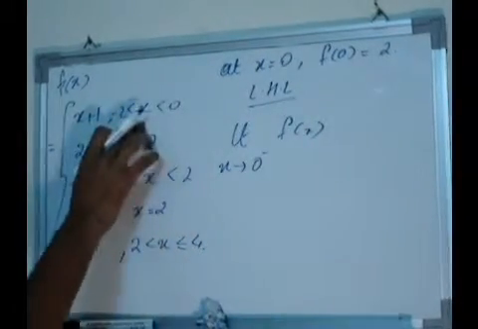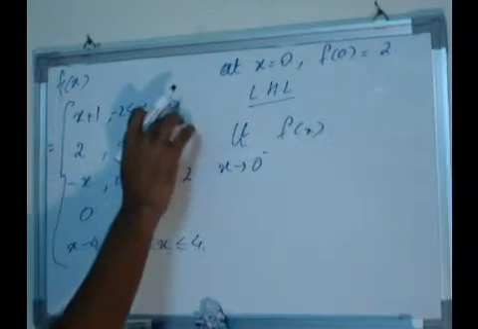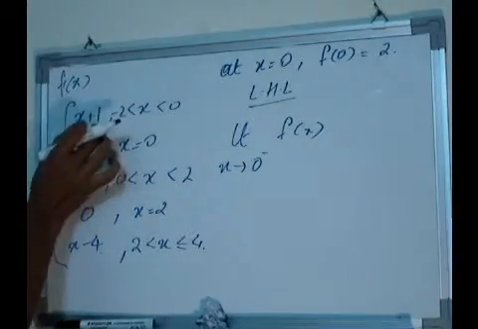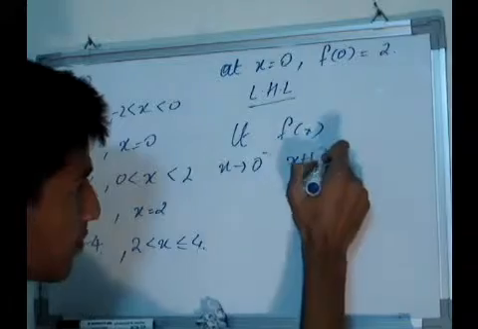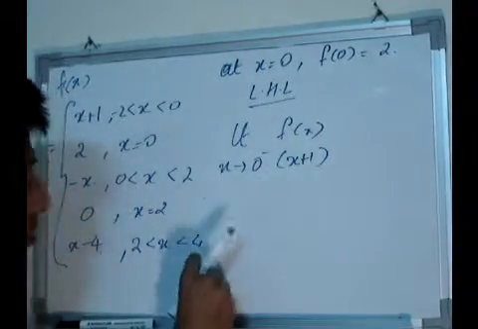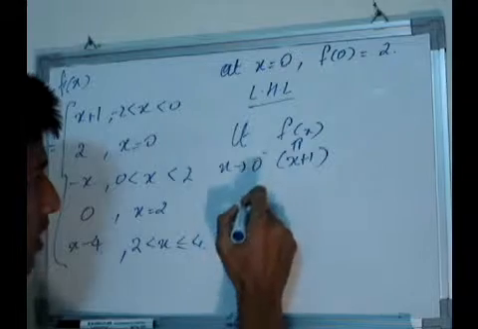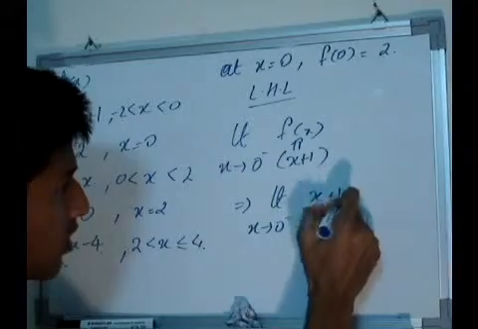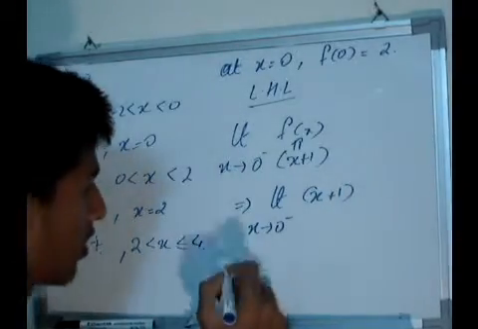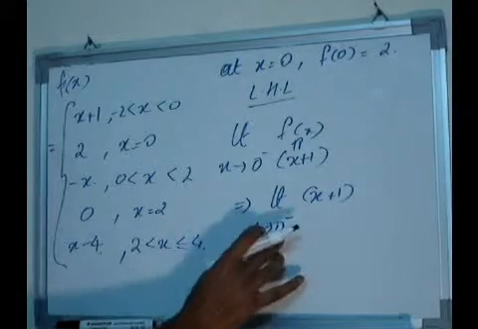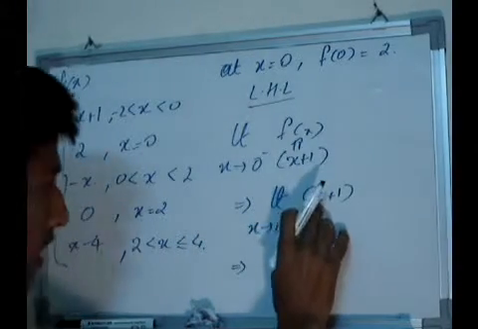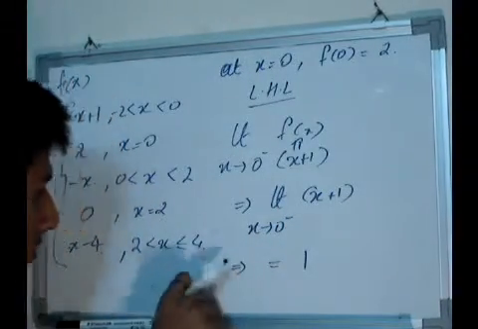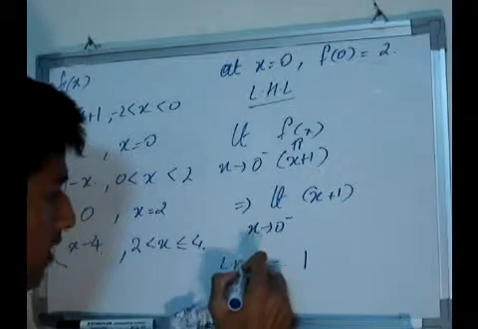As we approach the value of 0 from the left, x is less than 0, and in this case the function is x plus 1. Hence, if I solve the limit over here, it is equal to 1. Therefore LHL is equal to 1.